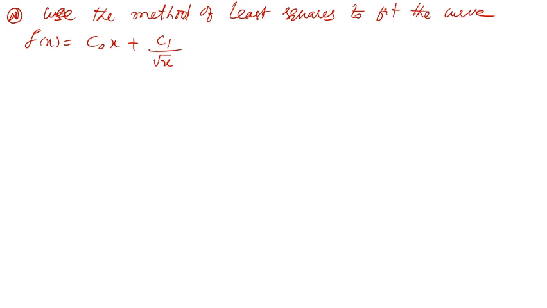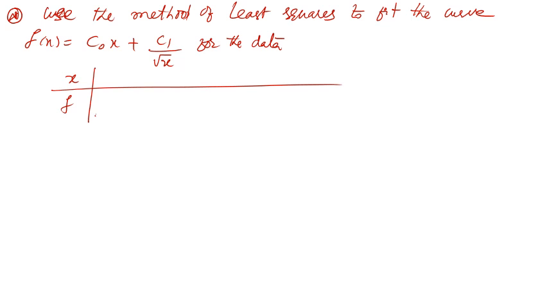So this is not a straight line, not a parabola, somewhat different. For the data x versus f: 0.2, 0.3, 0.5, 1, 2 and 16, 14, 11, 6, 3. Find the least square error.